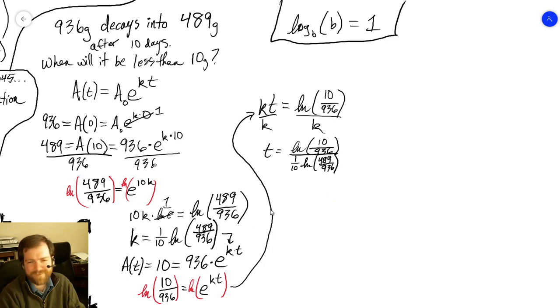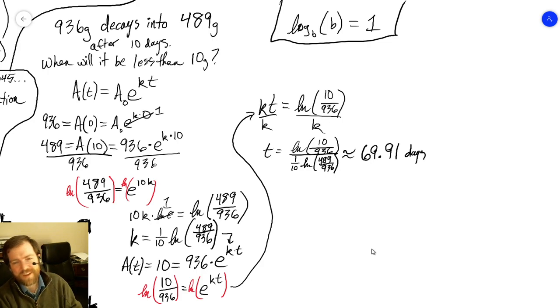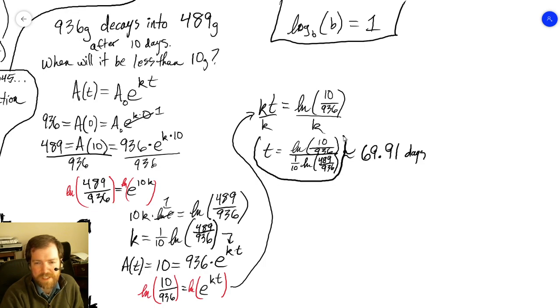Nice. So t is going to be approximately 69.91 days. And again, you figure out your own accuracy later. I, as a mathematician, will always demand that the exact answer is somewhere on the paper. And then if you want to round that to a reasonable amount, this is somewhere right around 70 days. It's probably fine.